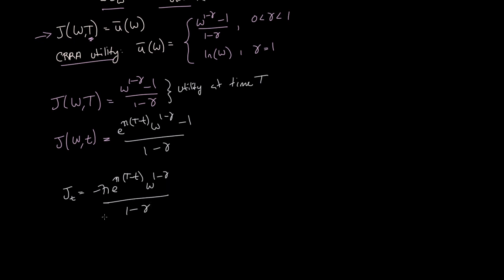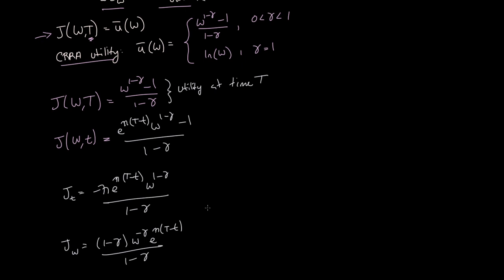So here's our J_t. Now we can take J_W. We get a 1 minus gamma coming down, W to the minus gamma, and the discount factor just comes along for the ride, e^(eta(T-t)) over 1 minus gamma, and the minus 1 goes away.